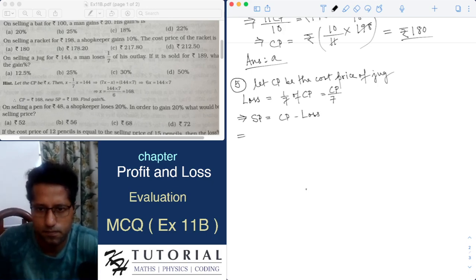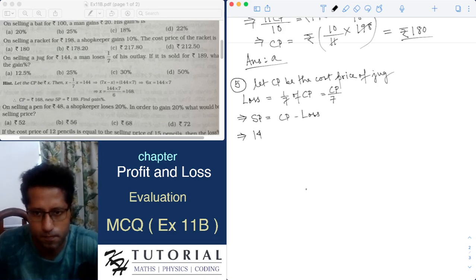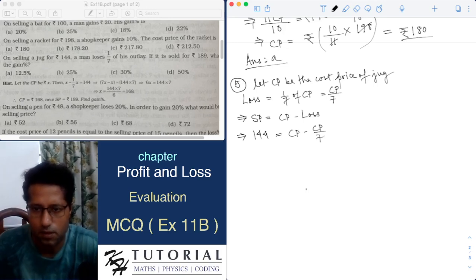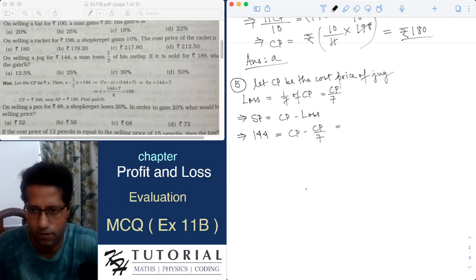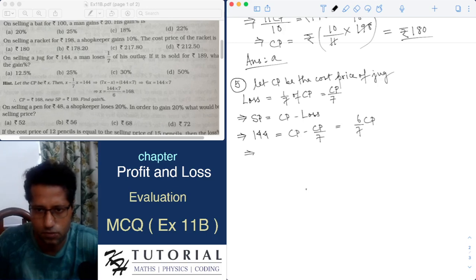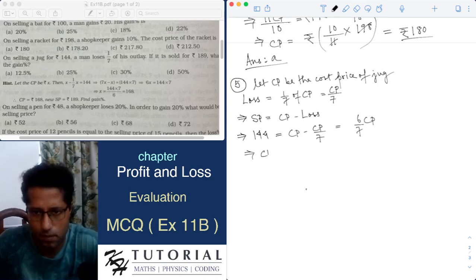SP is given to be 144, and the loss is CP by 7, so we have 144 equals CP minus CP by 7. So this is 6 by 7 CP. Now we can solve for CP from the equation.